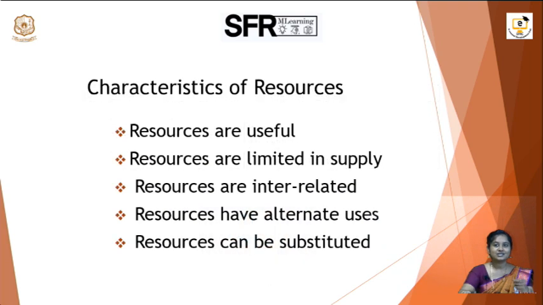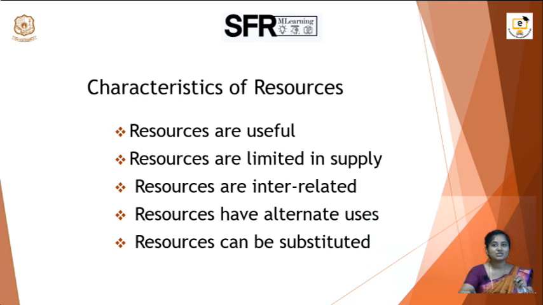So, the characteristics of resources. What are the characteristics that resources should possess to help us achieve the goals we need in our life? Firstly, resources are useful, so what we are getting should be in useful amounts. Secondly, resources are limited in supply. Whatever the resource, human or non-human, it is limited in its supply.